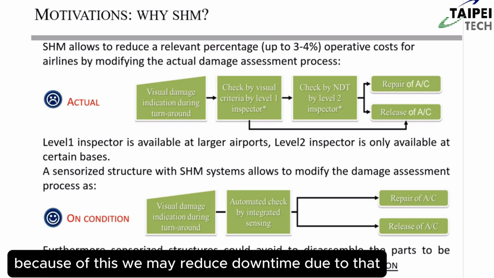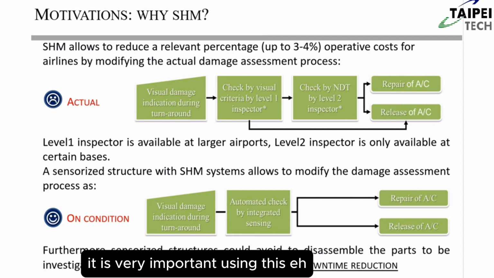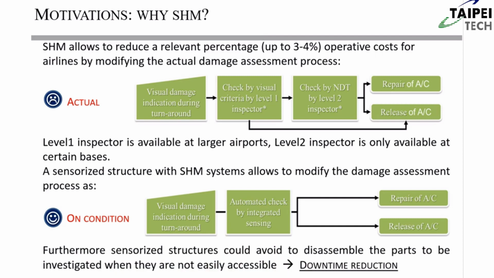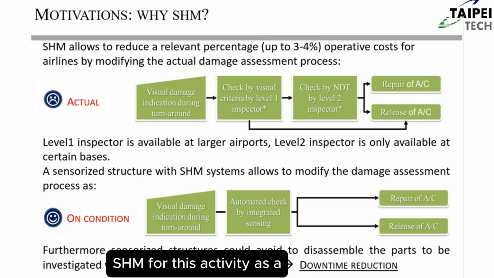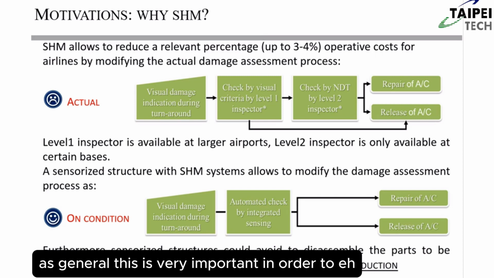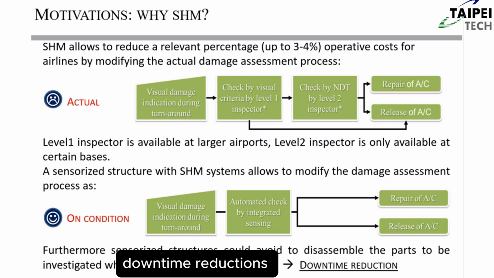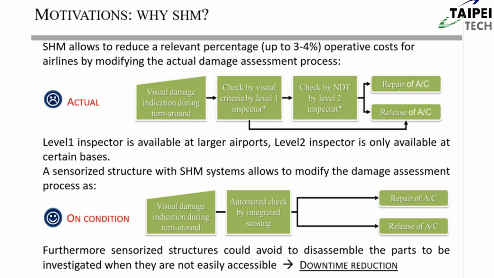Therefore, because of this, we may reduce downtime. Due to that, it is very important to use this SHM for this activity as well. In general, these are very important for downtime reduction, which allows us to obtain the ultimate goals.